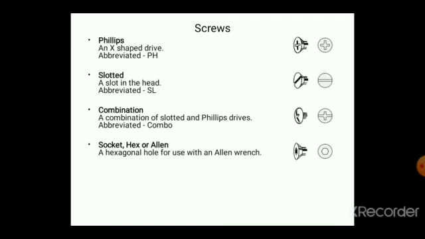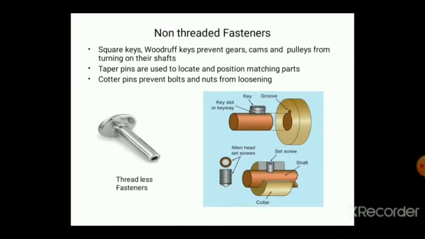Then some combination of the above two, Phillips and slotted. Then socket or hex or Allen type of arrangement, where a hexagonal hole is used with an Allen wrench. It all depends on the application where you want to use it, and some aesthetic considerations are also there. Then the next one is non-threaded fasteners.